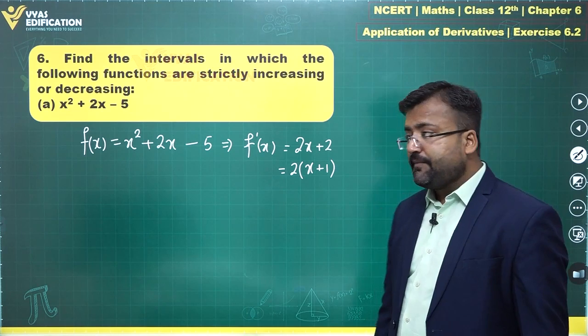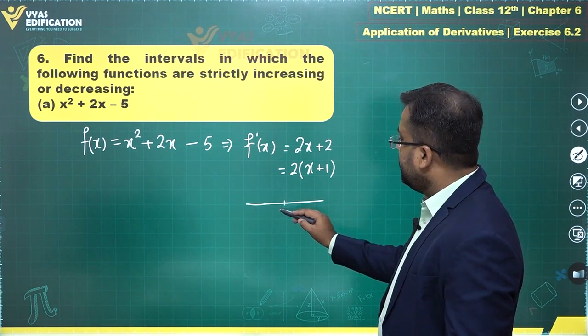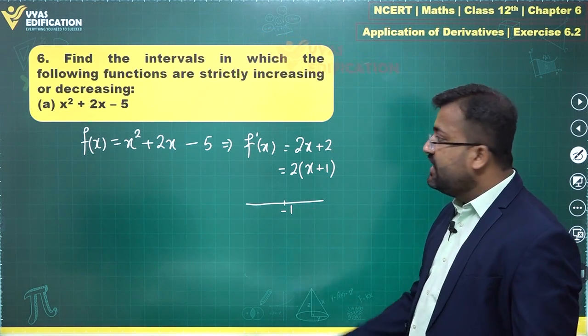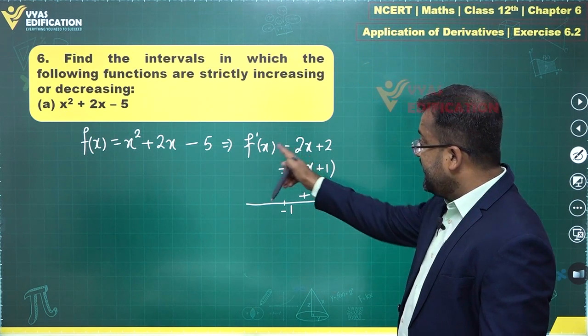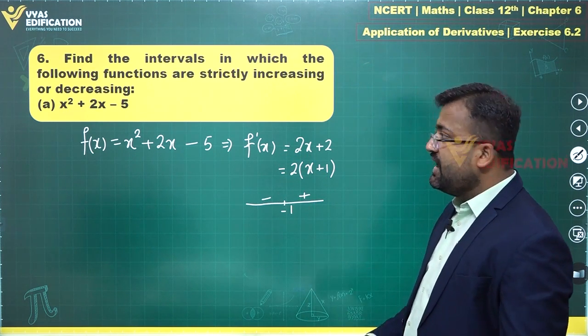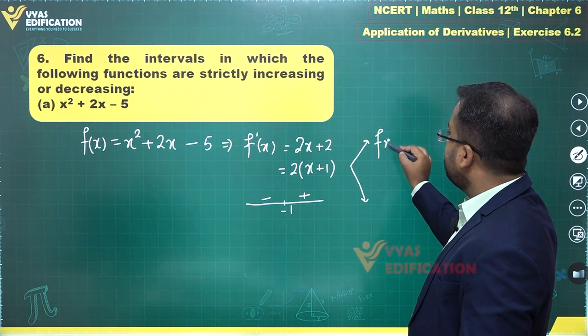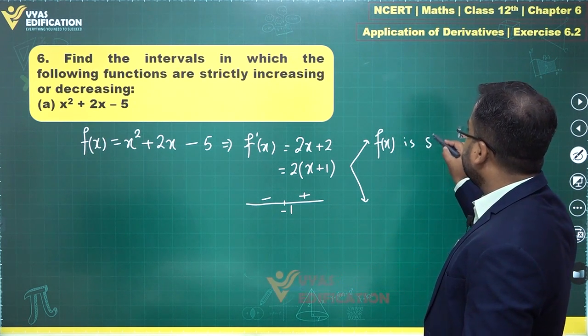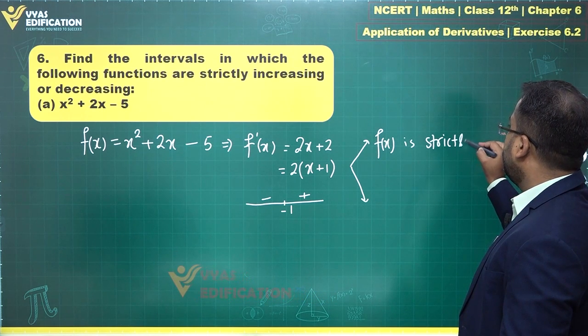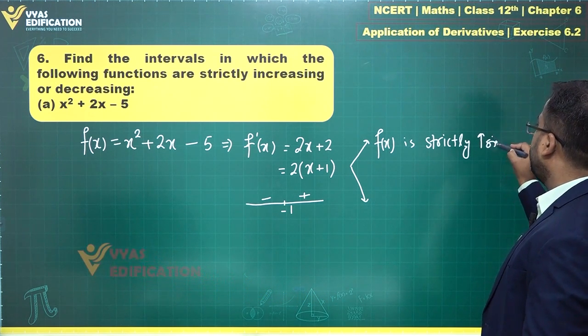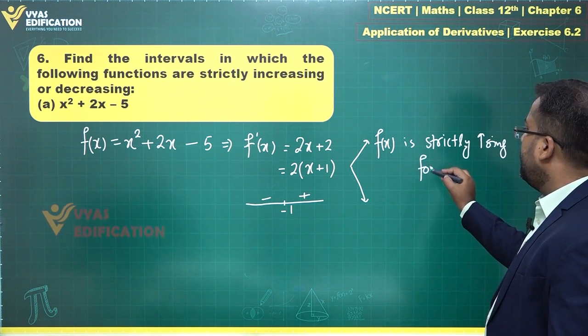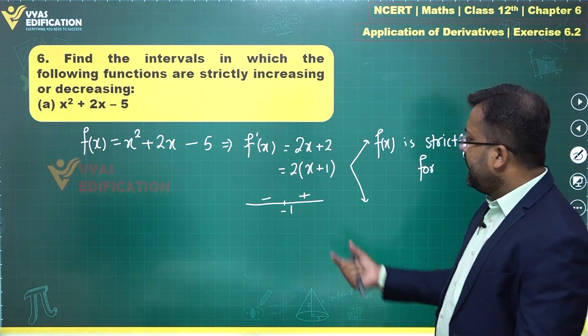Can you note that? Yes. And mark the critical point. This is minus 1, right? Here the derivative will be positive, here the derivative will be negative, and on the basis of this you can say that f(x) is strictly increasing for which values of x in this interval?